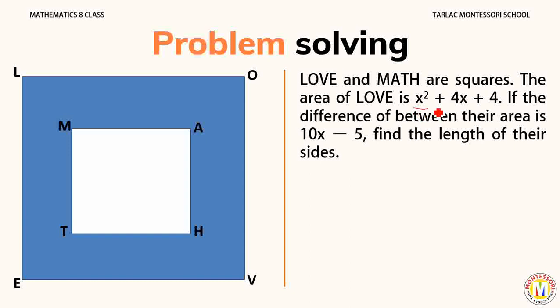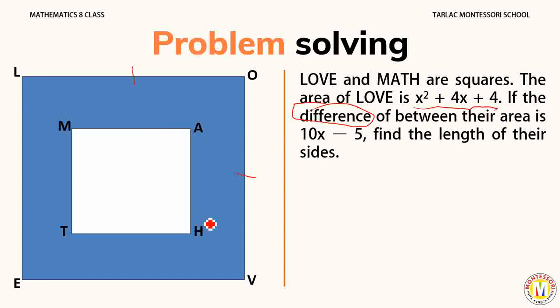It says here that the area of the square LOVE is x squared plus 4x plus 4. And then the difference of their areas is 10x minus 5. We have here the term difference. So that means we will be involved with subtraction as our operation later on. And then we are going to find the length of the side of LOVE and MATH. So this is a common problem. These are squares.